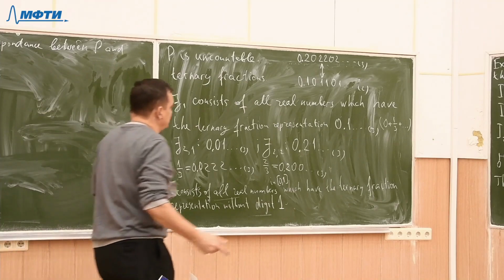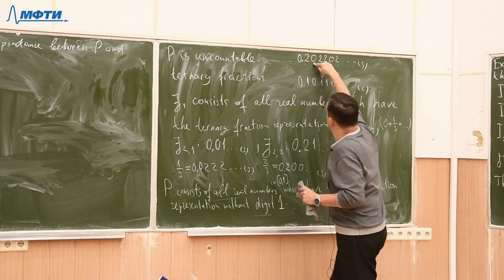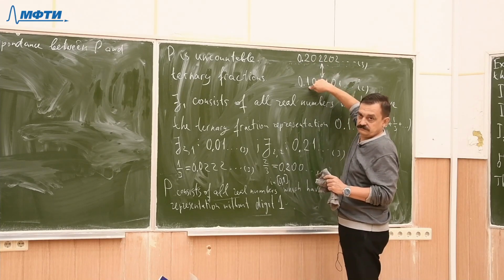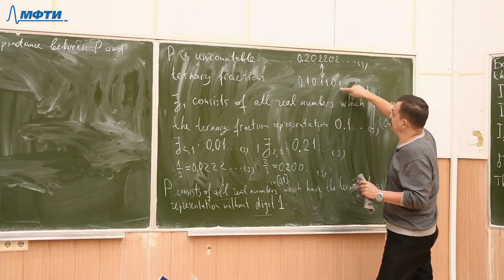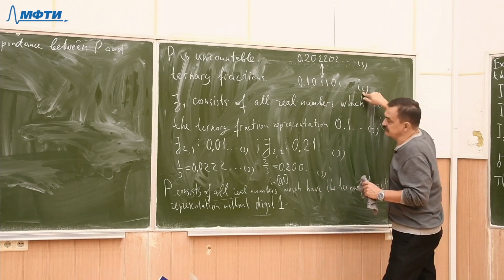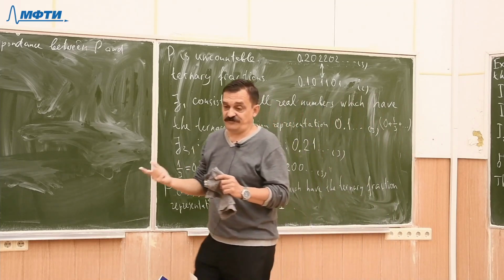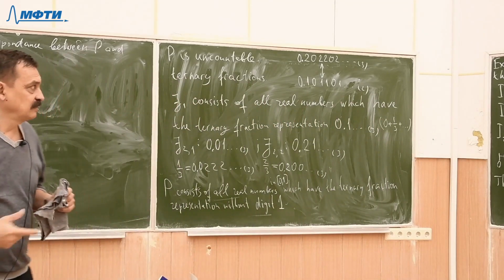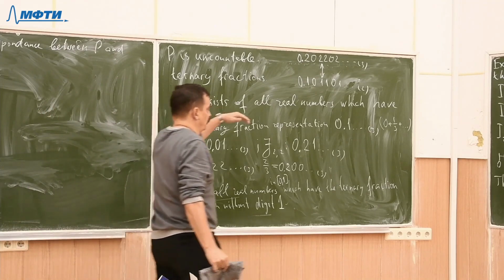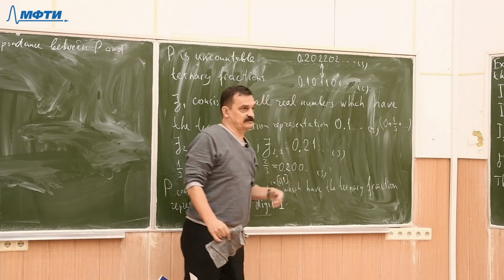Now we replace every digit 2 by 1. We obtain a fraction of this form, and we consider it as a binary fraction now. That is the one-to-one correspondence, right?